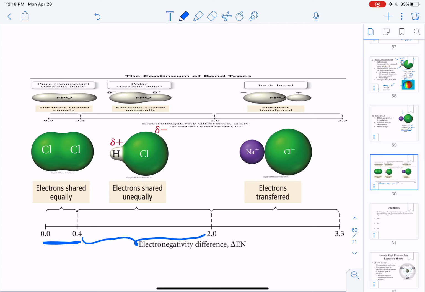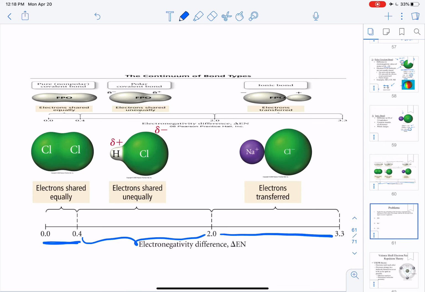And then when you have a difference above 2.0, we have our ionic bond zone. So we have a complete transfer of the electron over here because our electronegative atom had great enough electronegativity compared to the other atom to steal that electron. So we have complete transfer of our electron.